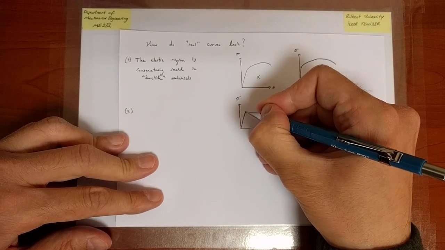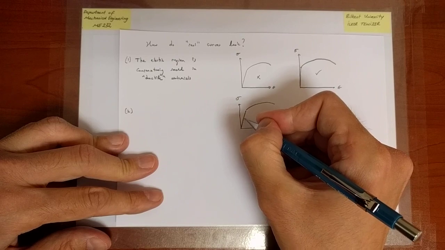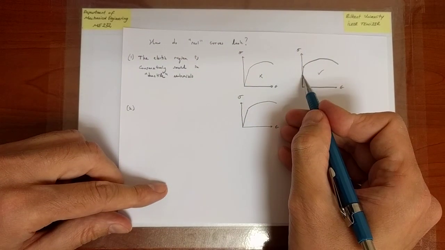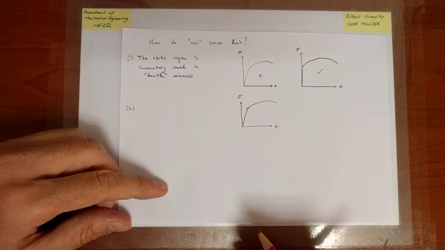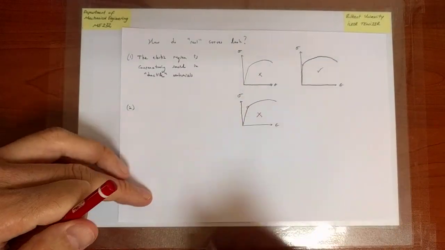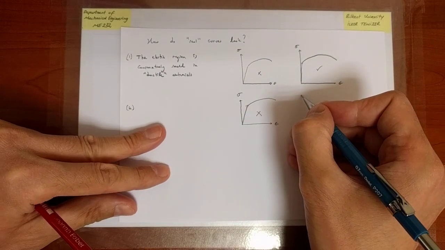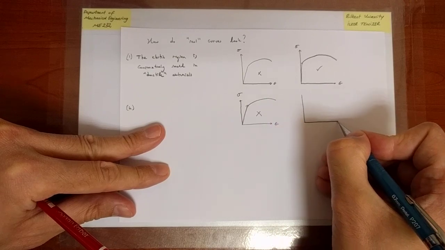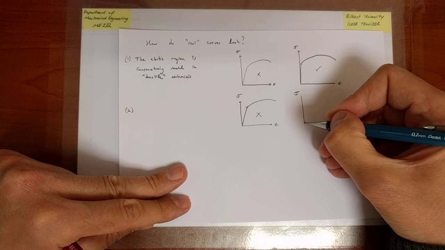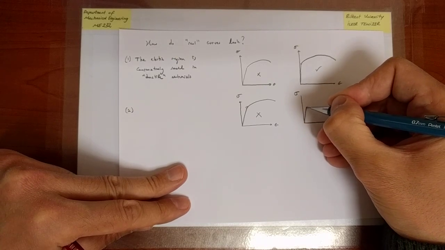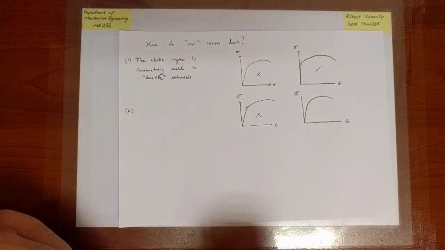So again, because it's easy to draw, I'm going to draw the elastic portion with a very low slope. In reality, it should be much steeper, right? And we're going to focus on this corner. In reality, you don't observe such a corner. When you do the uniaxial tension test, what you get is a curve that looks like that, right?